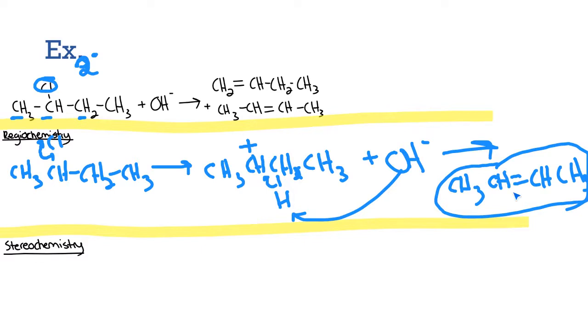Here, this carbon has a hydrogen and a methyl group. This one also has a hydrogen and a methyl group. So if both of those doubly bonded carbons have two different groups on them, then you can have stereoisomers. I can either have cis or trans.